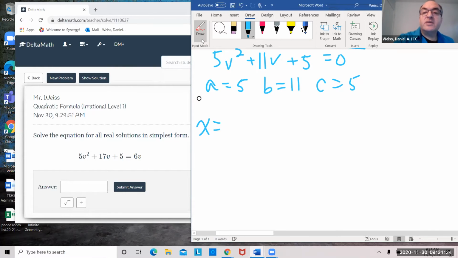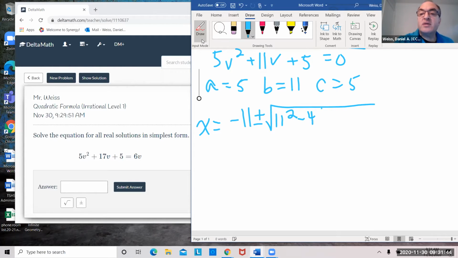X equals negative B, negative 11 plus or minus the square root of B squared, 11 squared, minus 4 times A is 5, times C is 5, all over 2 times 5. Okay.